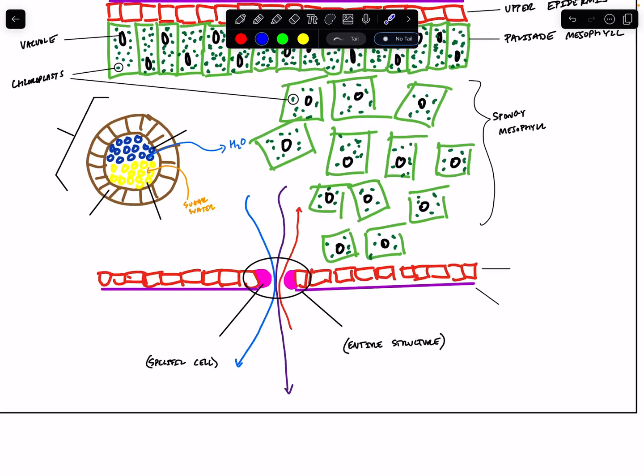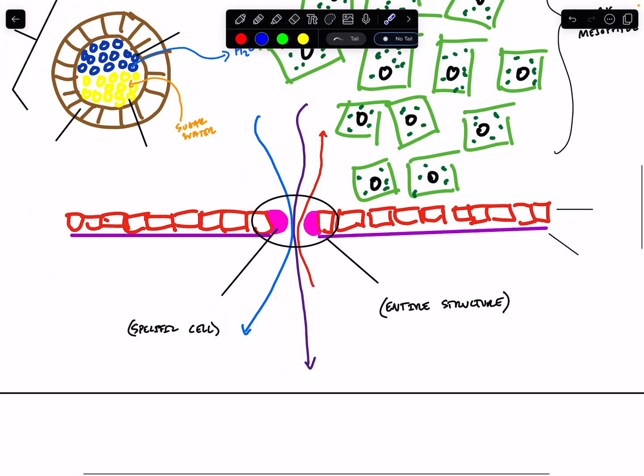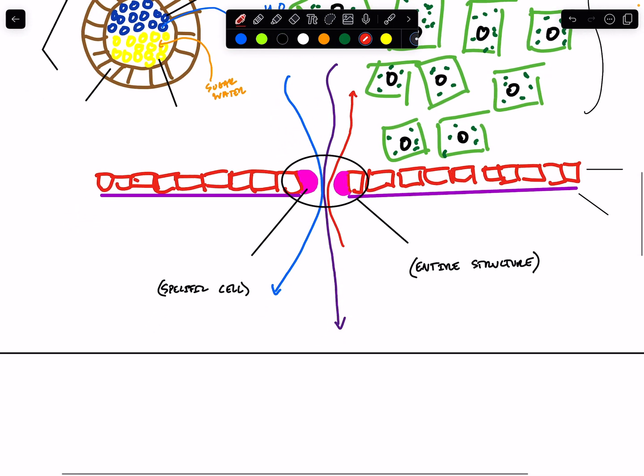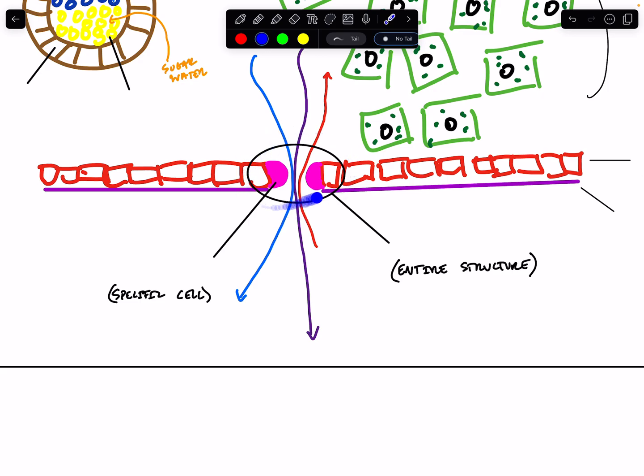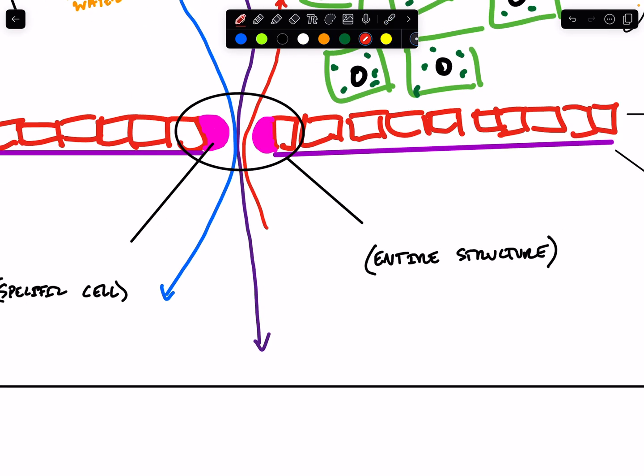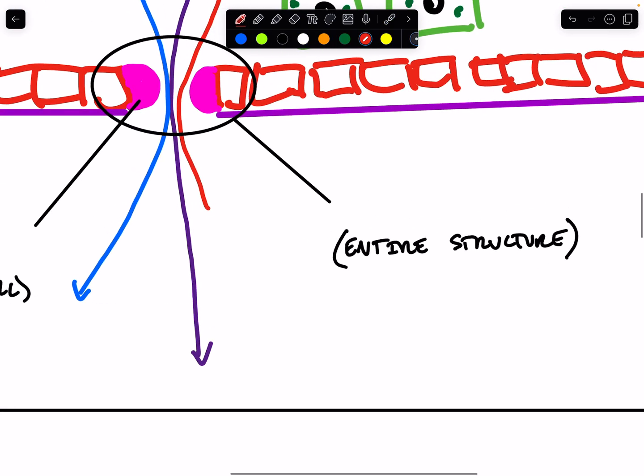Okay, so I guess we should talk about those gases now. Plants need to breathe, just like you need to breathe, except they're kind of doing it in the opposite direction. So there are these specialized structures at the bottom of the leaf, I should say, that are called stoma.